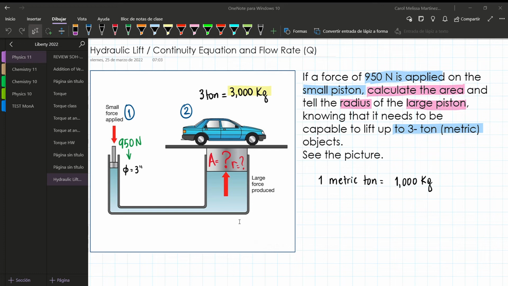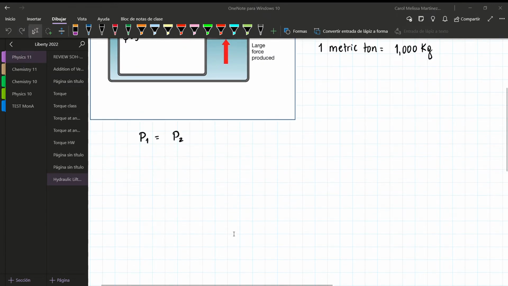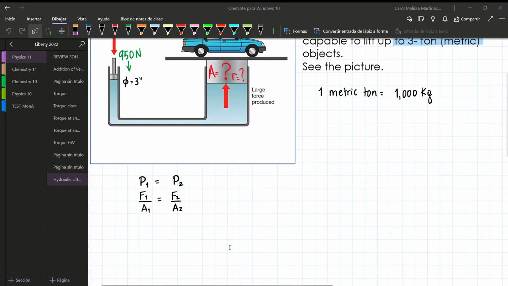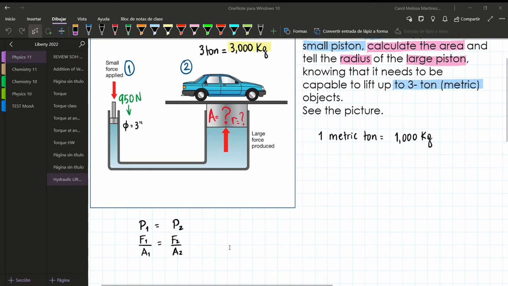I need to know the pressures in the two sides. Pressure in 1 equals pressure in 2, and therefore force 1 divided by area 1 equals force 2 divided by area 2. Now, what information do I have in the problem?